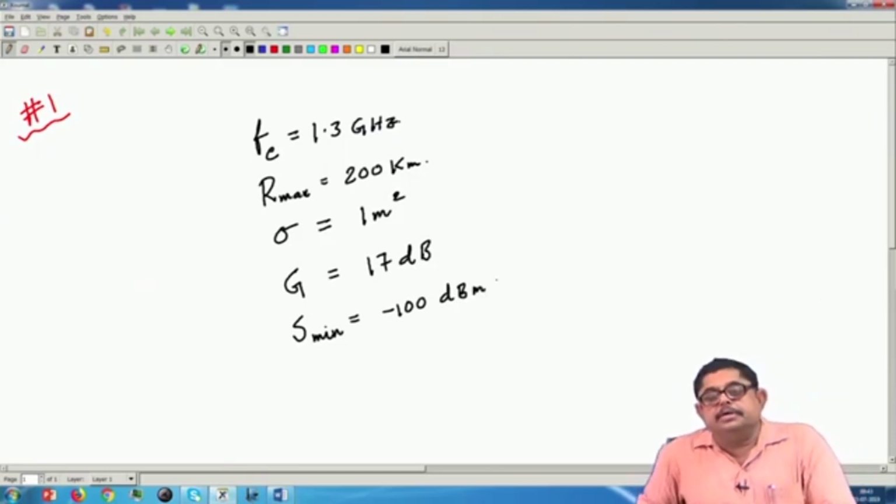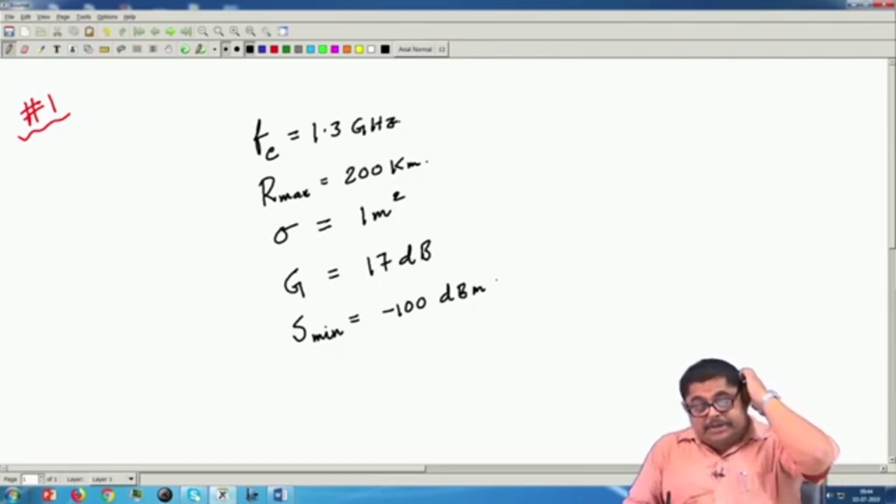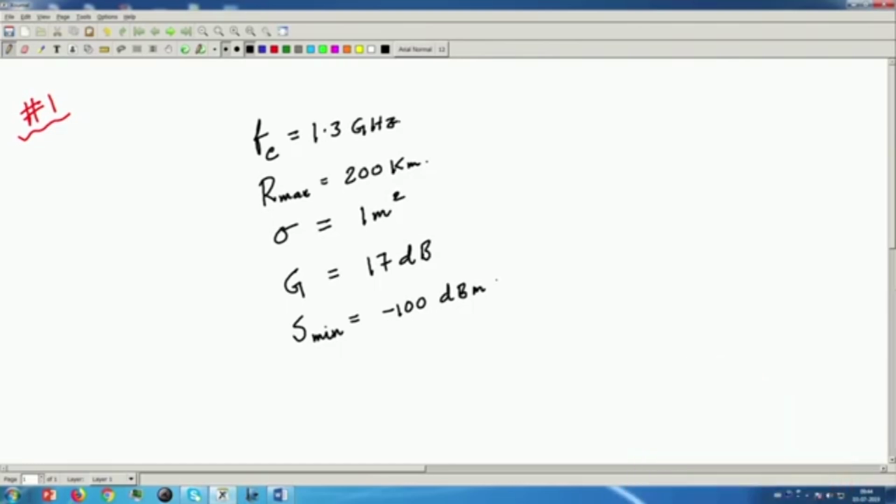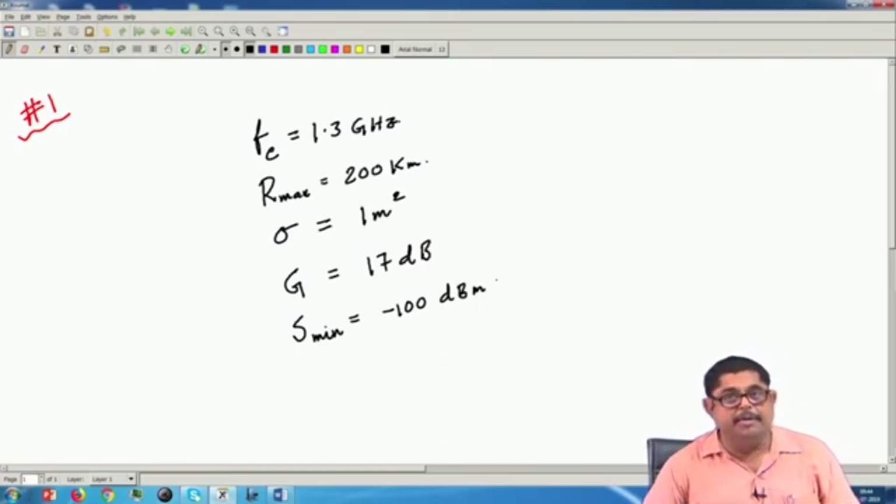You know that receiver sensitivity is basically the minimum power that is detectable by the receiver, so that it will say that a signal is present. Now, power's unit is minus 100 dBm. I think you know these conversions, that 0 dBm means 1 milliwatt of power.